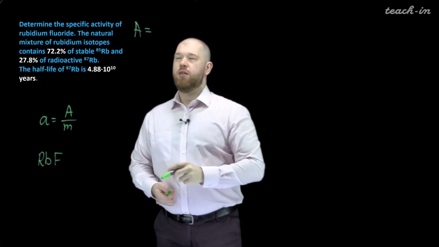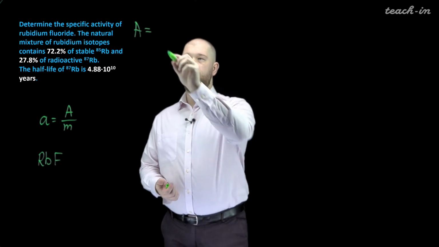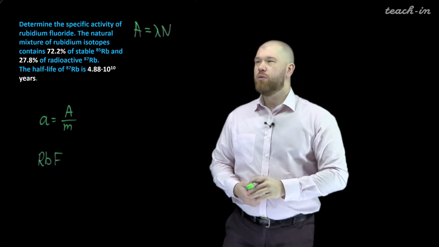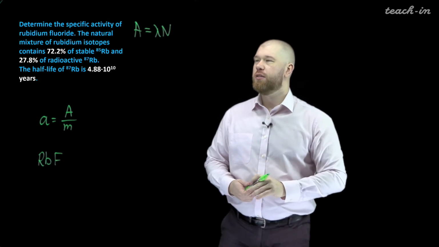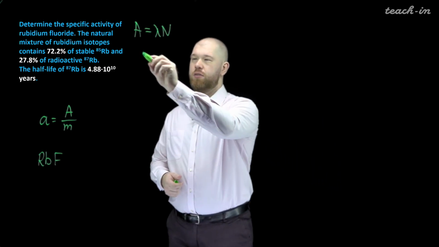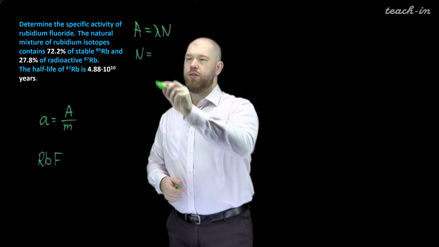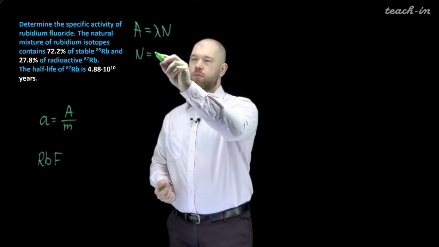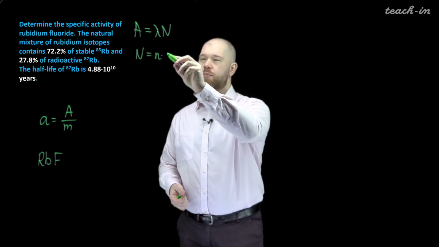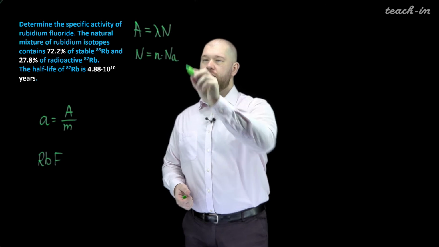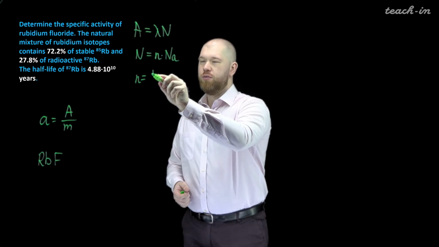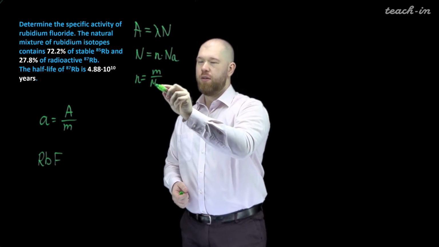Activity, due to the law of radioactive decay, is related to the amount of rubidium in this case with this equation, and the number of atoms is the amount of our compound multiplied by the Avogadro number, and this amount is equal to mass divided by molar mass.